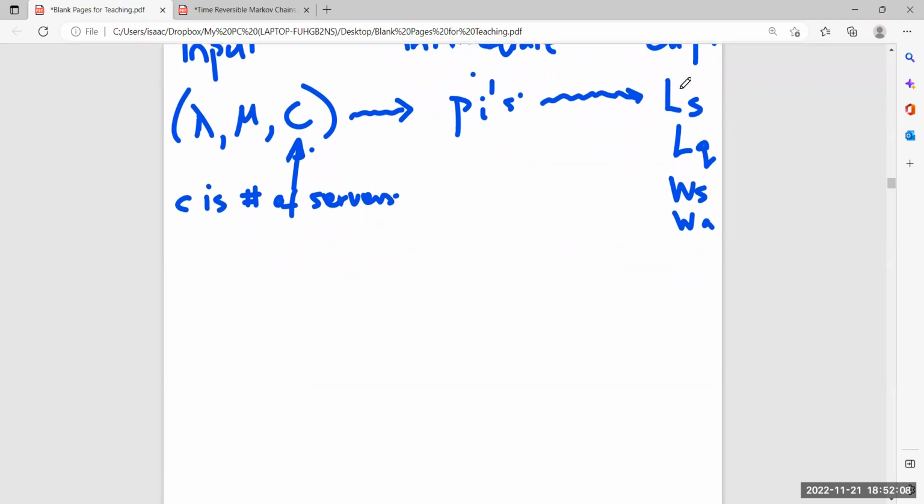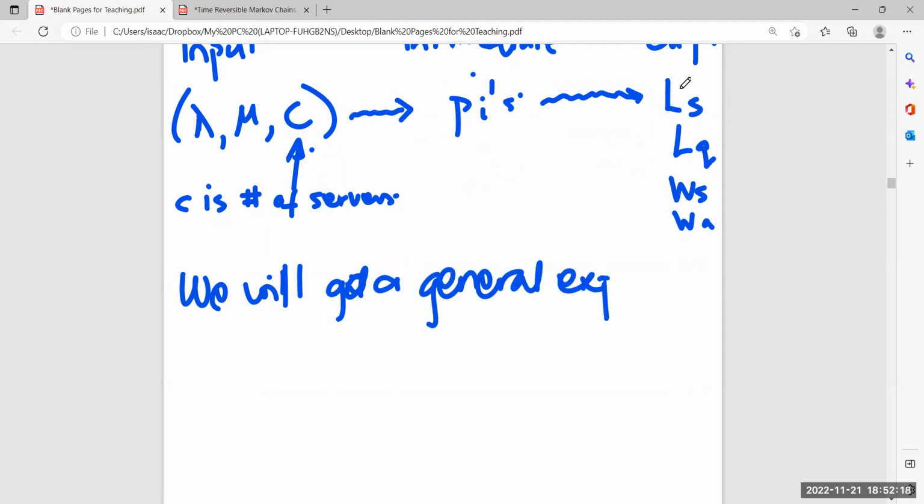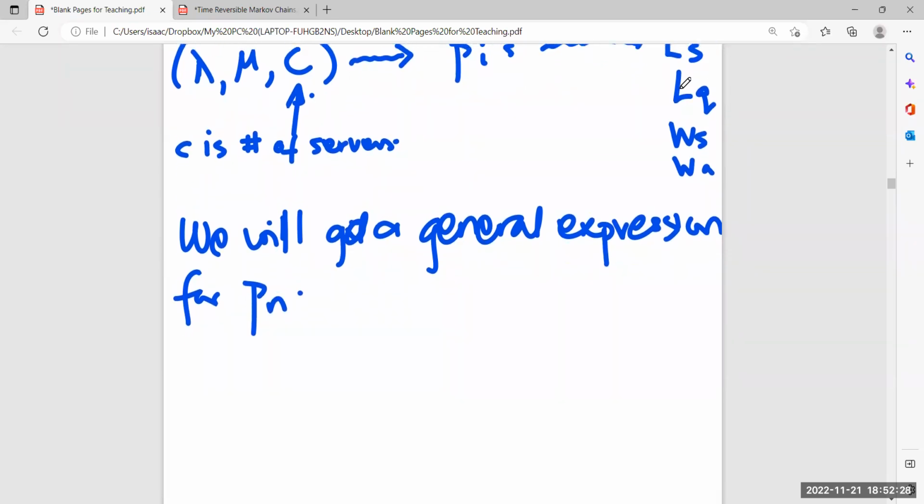So what we'll do is we will get a general expression for Pn. Pn simply is the probability that there are n persons in the system.